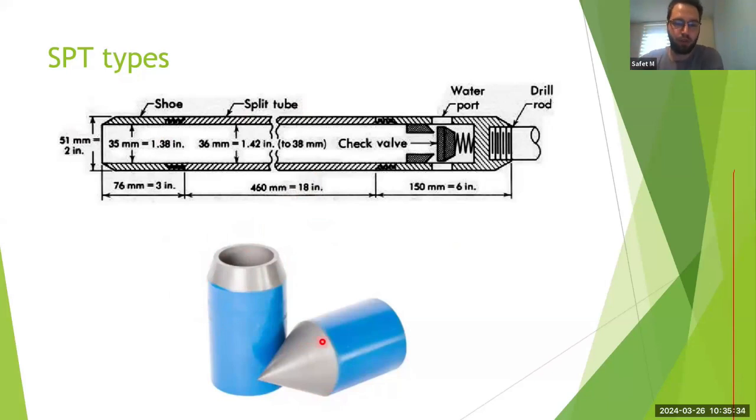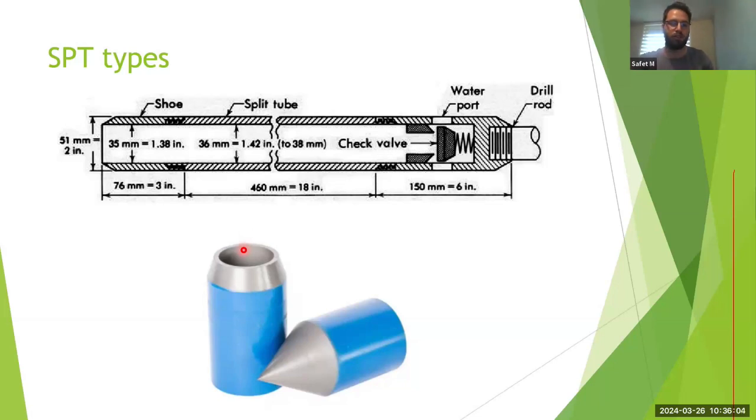Basically, you would put the cone or split spoon on your rod, on your drill rig, and depending on the standard, you would push it onto the ground just to touch the bottom of your borehole, and you would lift it most likely mechanically, because that's what we are doing at this moment, and most of the drill rigs have a mechanical integrated SPT.